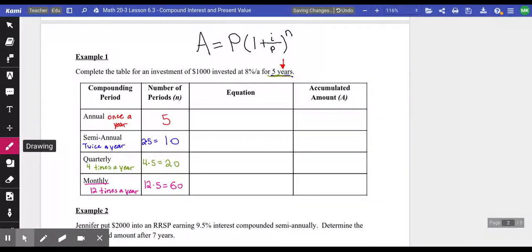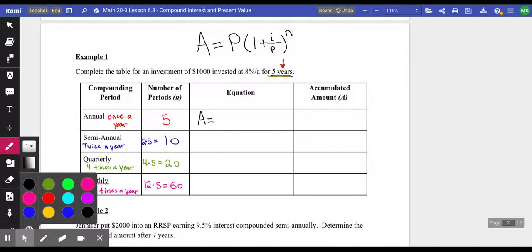Let's try it out. So the first one, the equation would be A equals P. P is the starting amount, which is $1,000, times 1 plus I. Let's try to do colors that match here.